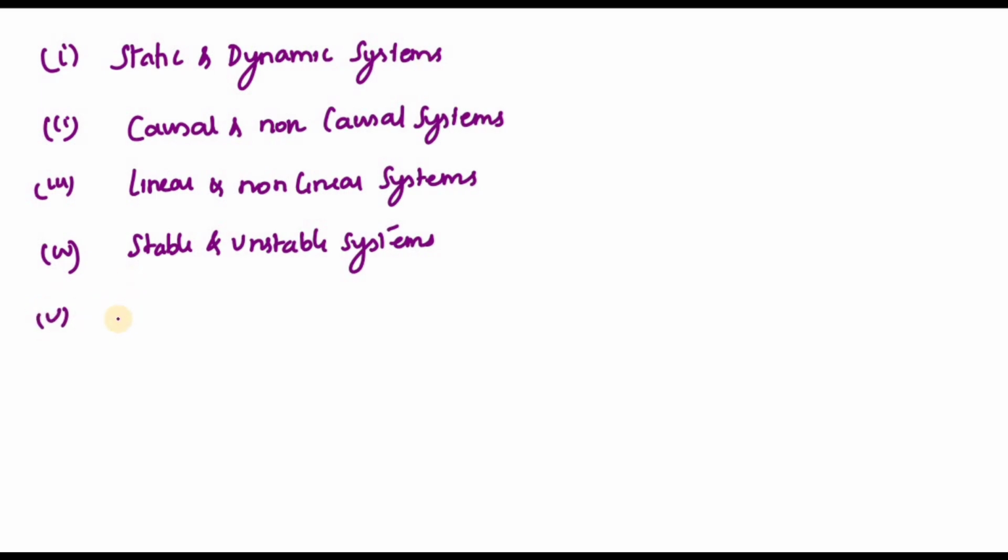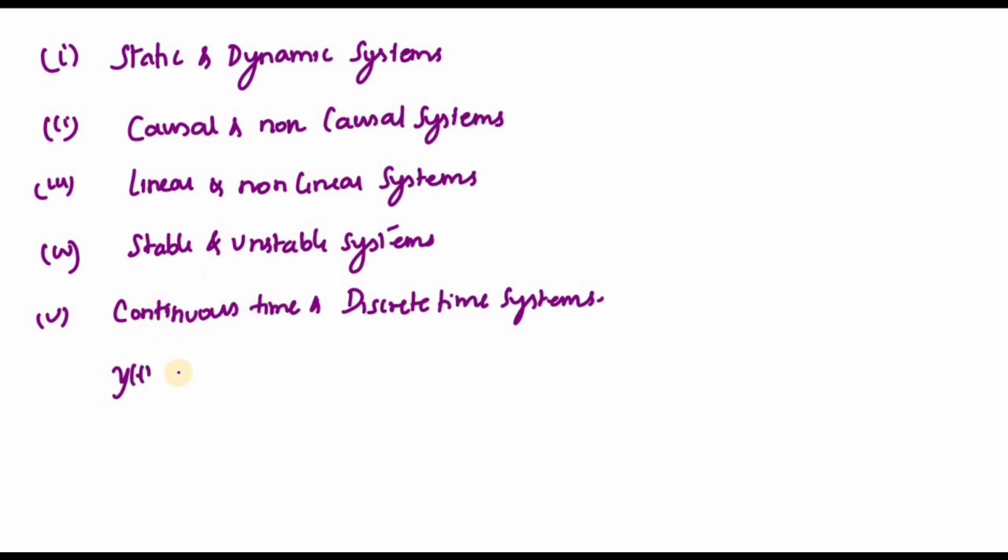The fifth is continuous time and discrete time systems. I told you the discrete time system has to be h of n, and the continuous time system means x of t, h of t.